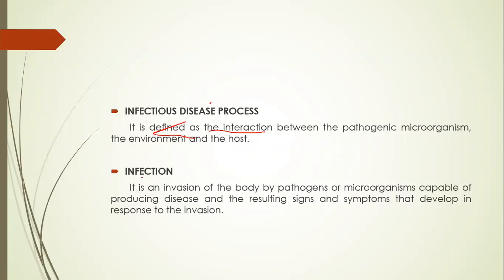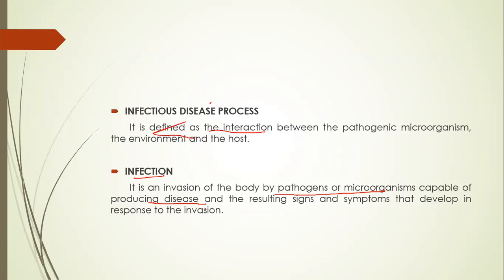So what is infection? It is an invasion of the body by pathogens or microorganisms capable of producing disease, resulting in signs and symptoms that develop in response to the invasion. What do we mean by an infection? Infection means an invasion by microorganisms, or another form of pathogens, into a person's body.